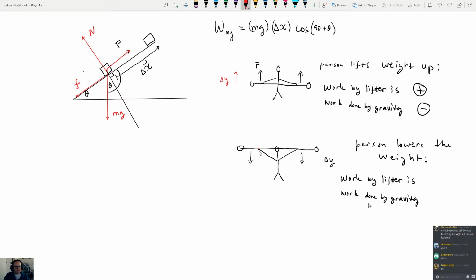It's up, right? This person exerts a force here and exerts a force here, because if they didn't, the object would fall down to the ground, basically, right? So this is the force of the person. Both of these are. And the weight goes down, right? The weight of the barbell points down like this.